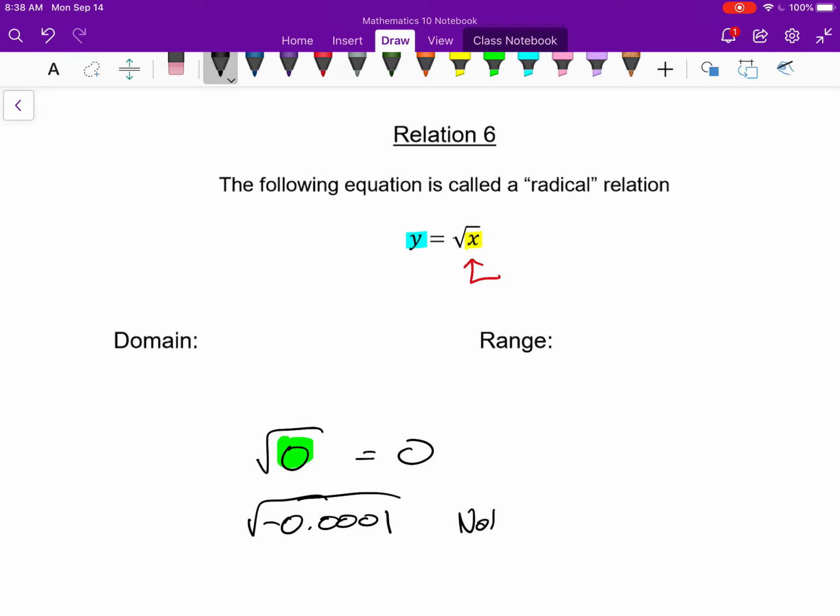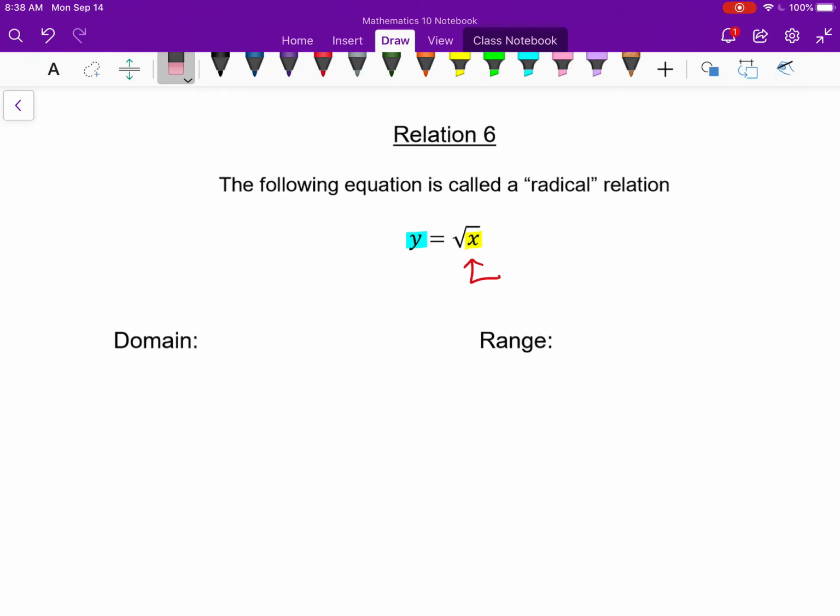It's not real. There's no number that exists, no real number that you can multiply by itself and get a negative. And so the domain is everything greater than or equal to 0. Or I can show it like this, square bracket 0, infinity. Either of these.